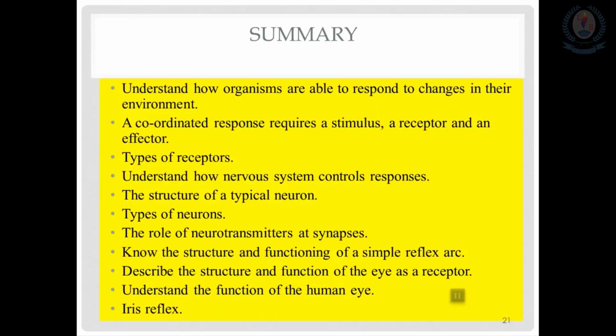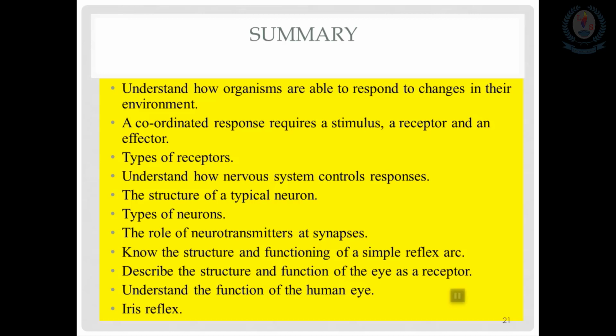Now we'll summarize the lesson. We understand how organisms are able to respond to changes in their environment. We understand how a coordinated response requires a stimulus, a receptor and an effector. We discussed the types of receptors, and we understood how the nervous system controls responses.